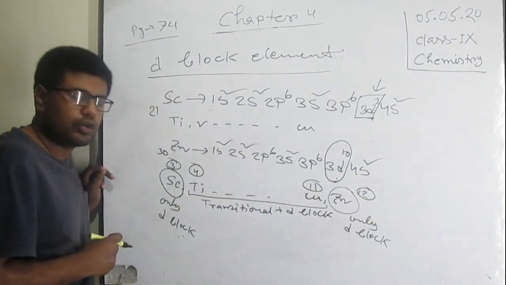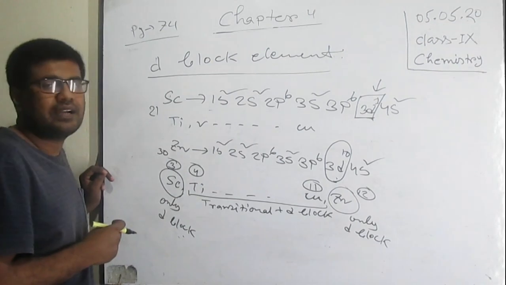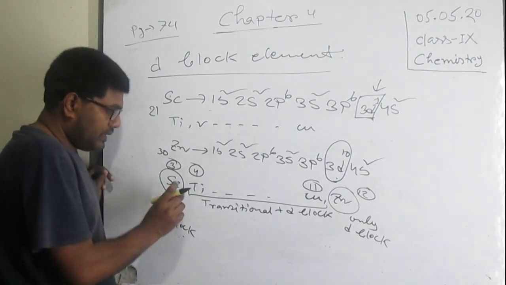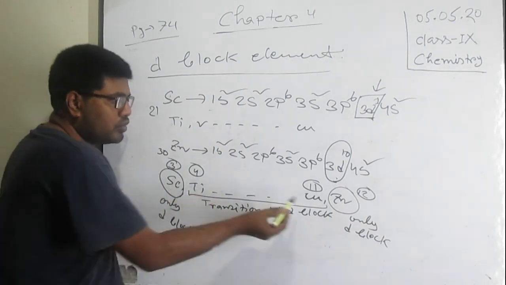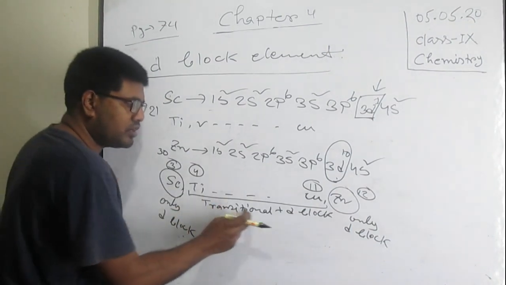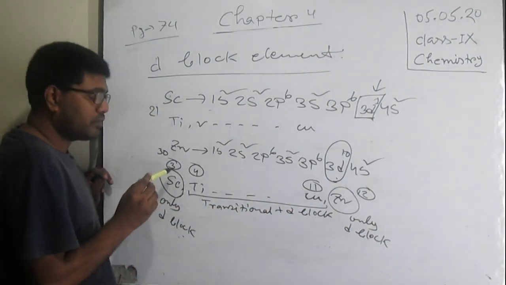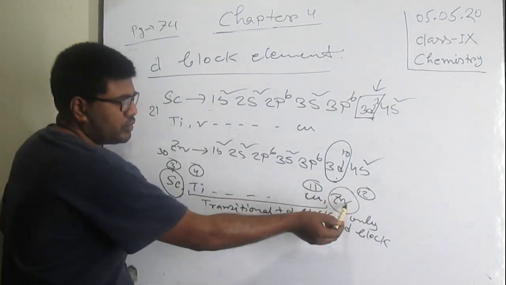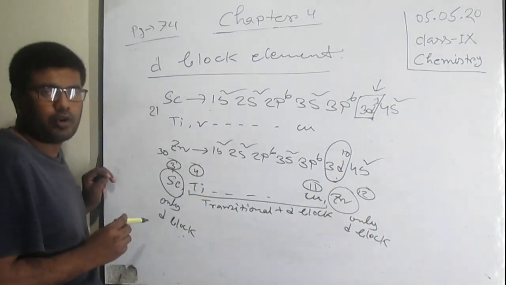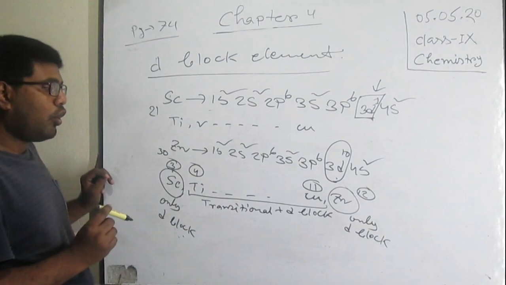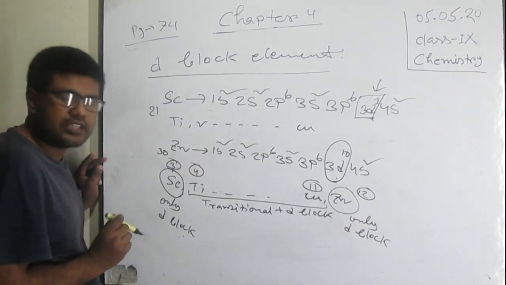So we should memorize and understand this. From group number 4 to group number 11, they are transitional plus d block, and the elements of group number 3 and group number 12, like zinc, are only d block elements. So we can say all d block elements are not transitional.